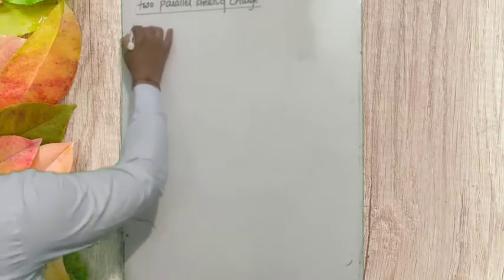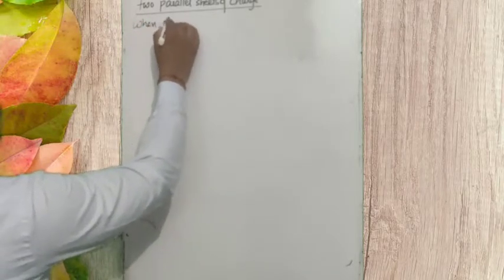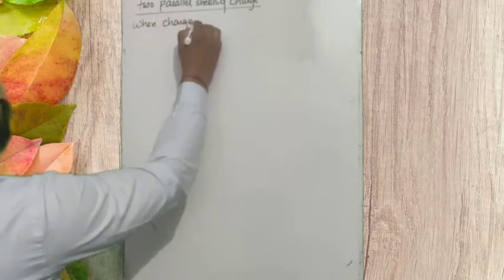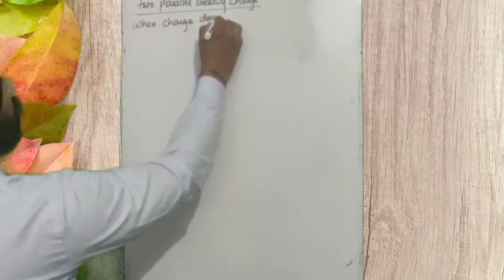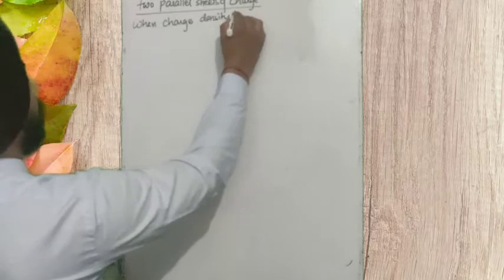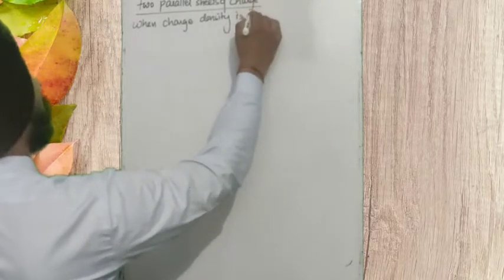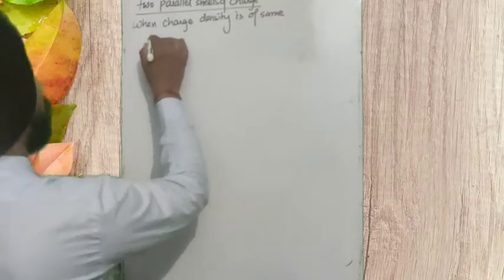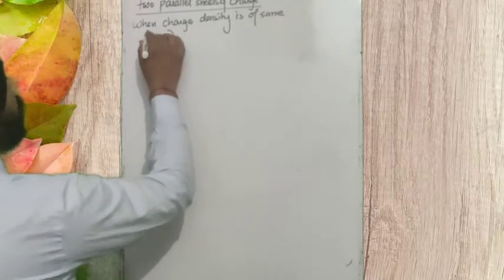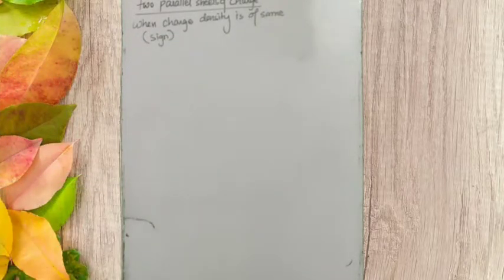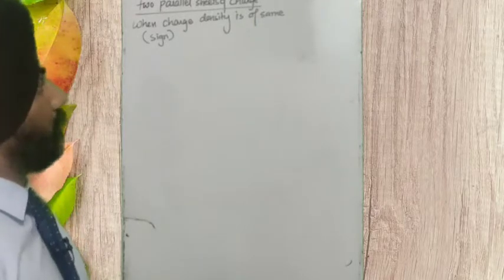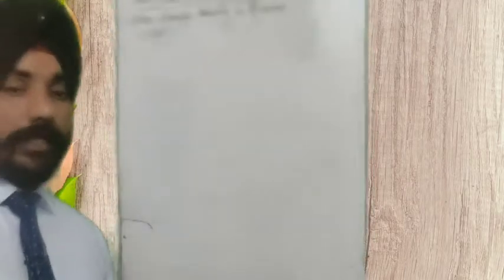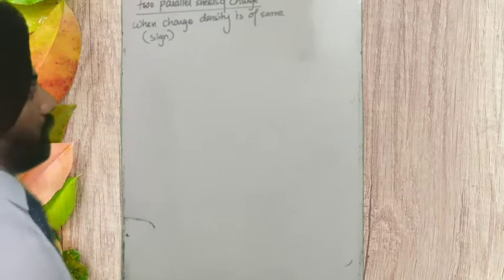Look, when the charge density is of the same sign, that means both sheets are carrying positive charge or both sheets are carrying negative charge.